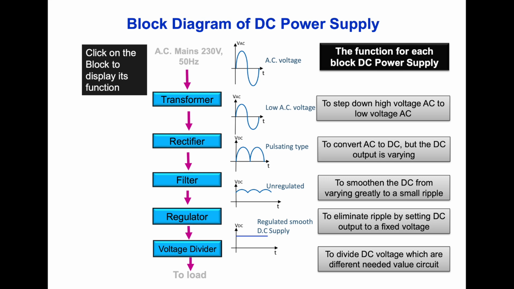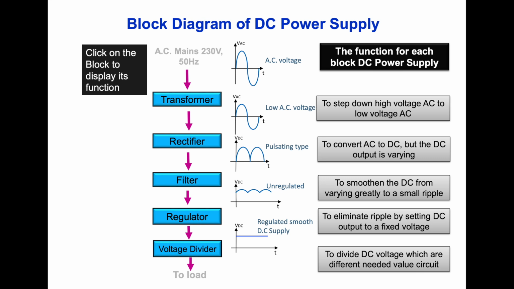After this block we get a low AC voltage, which passes through the rectifier and converts the AC to DC, but the DC output is still varying. The output from the rectifier is of the pulsating type.